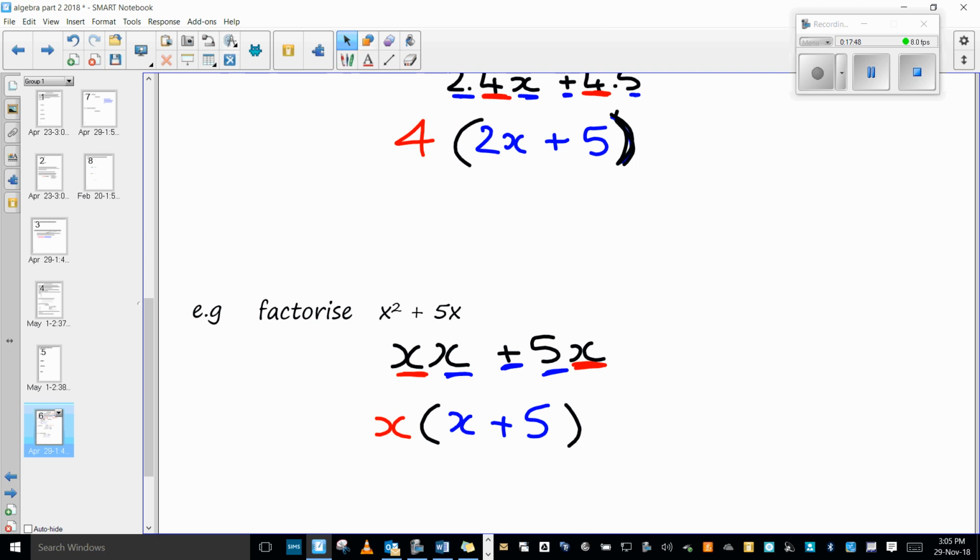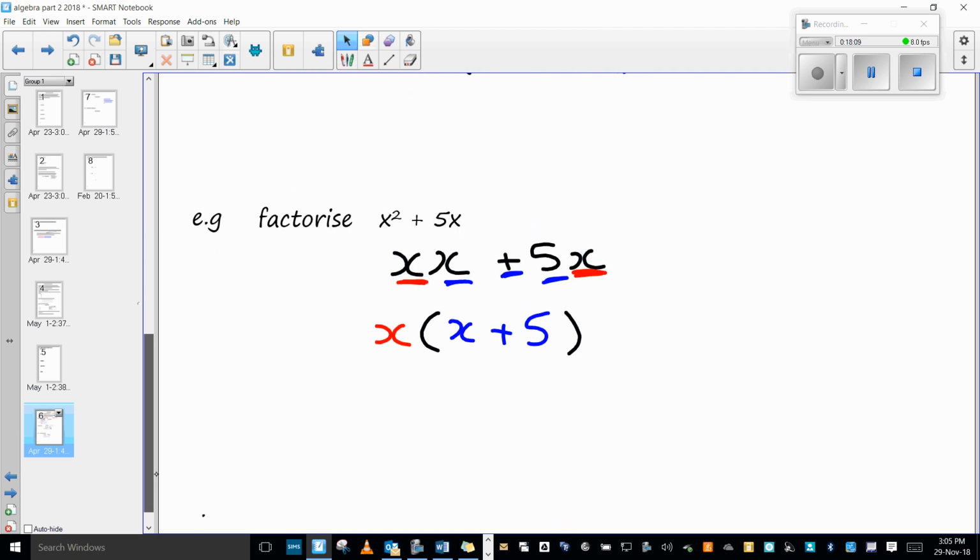Possibly I'll put terms in the bracket. For now, we've always split it up in the same way we were splitting up all these other things. We're just splitting them up so we can see them in a different way.